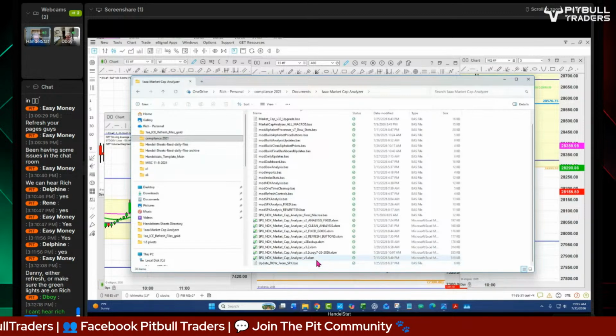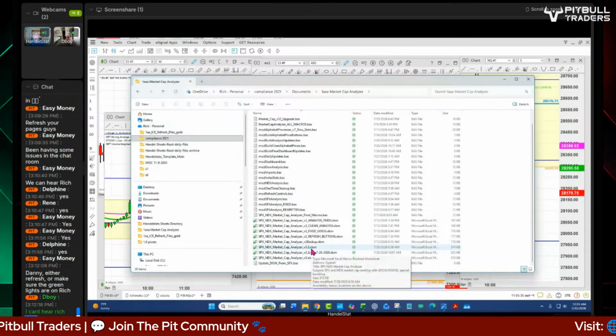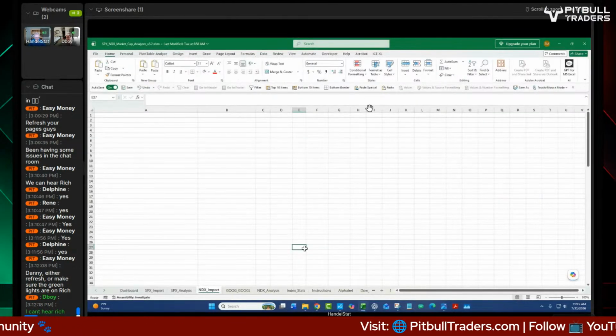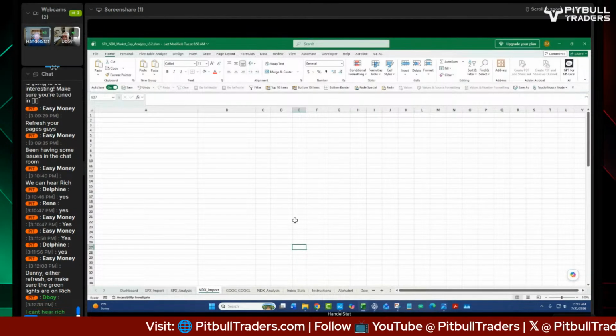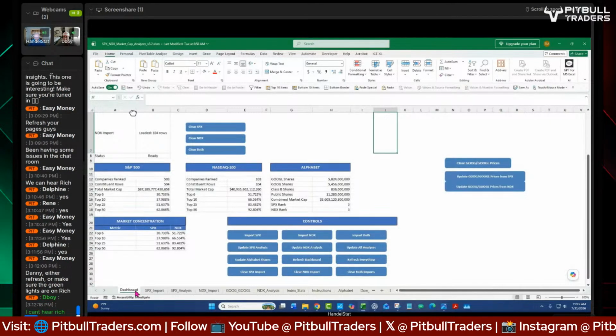I think I'm working on 3.2. There's a few things I have to change about this program, but anyway, last modified Tuesday at 6:38. You can see if this dashboard's right.